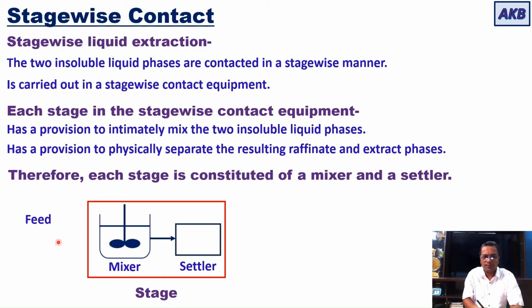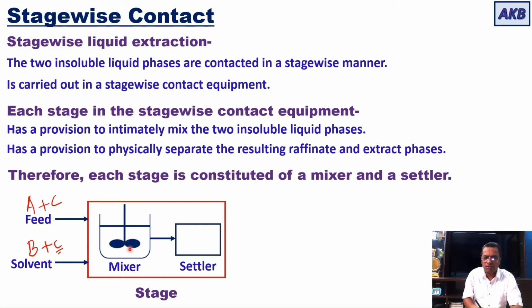Now, in this case, the feed is admitted. The feed contains A and C, and it is contacted with the solvent phase, which contains B. If it is pure solvent, it will contain just B, and if you are using a recovered solvent in the operation, then it will contain a little amount of C. The feed and the solvent are first intimately mixed in the mixer.